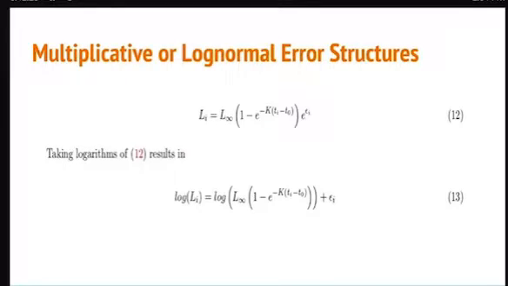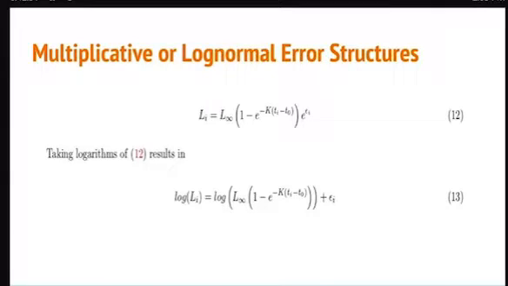When you take the log of equation 12, that will give you 13, right? In equation 12, the exponential raised to the power of the error is multiplying the Bertalanffy model. Can you see that?